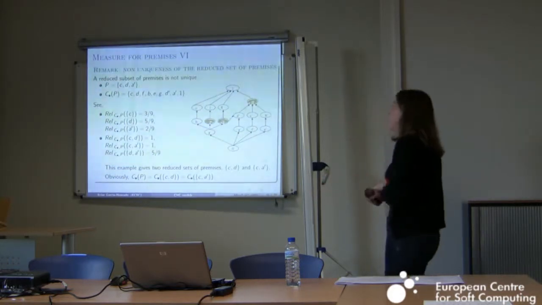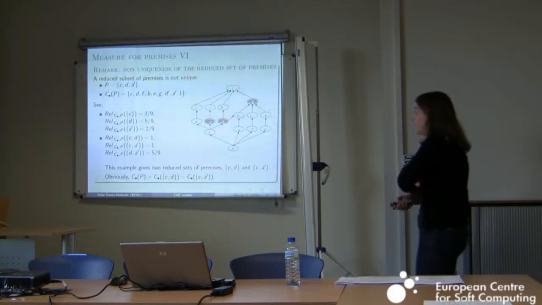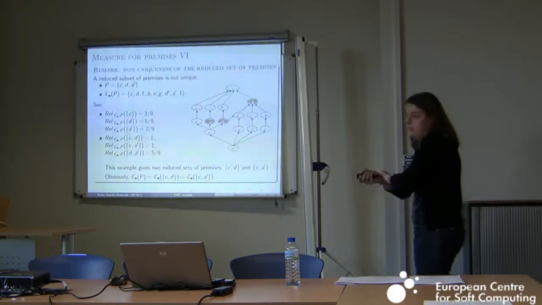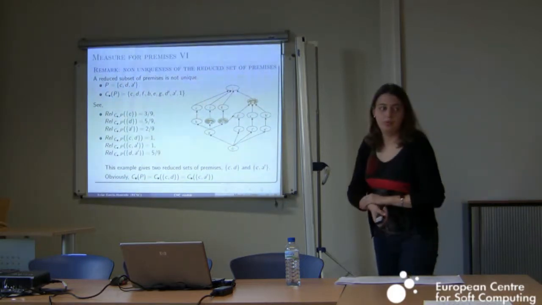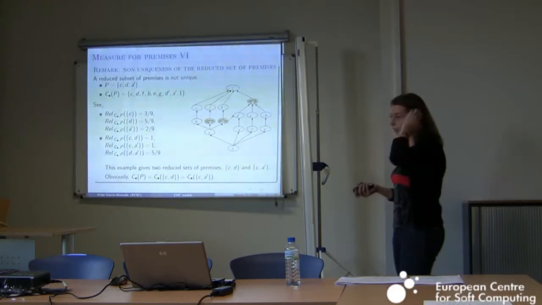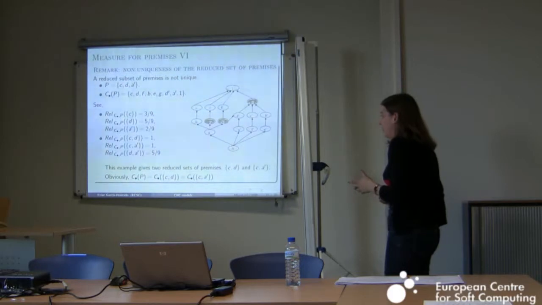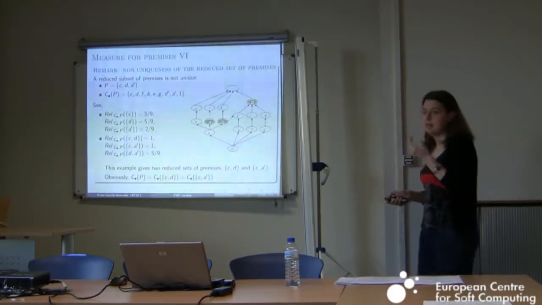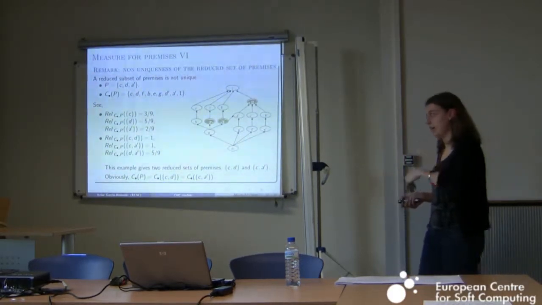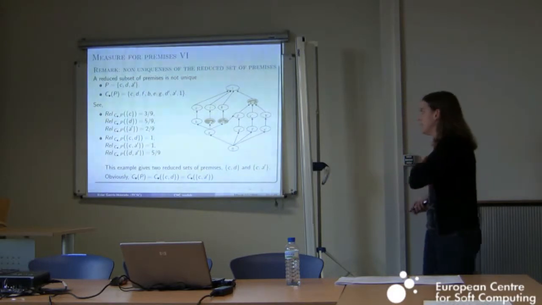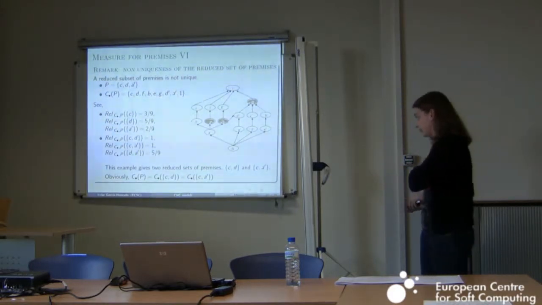Well, but it is not unique. I found what it's very simple to find subset of premises that has less element than P and allow us to deduce the same, but are not equal.